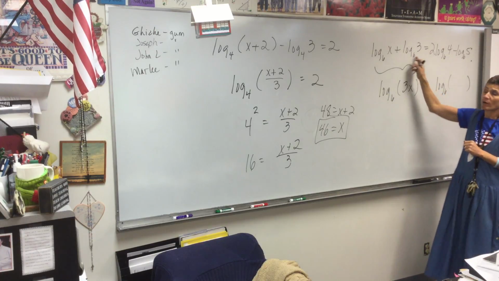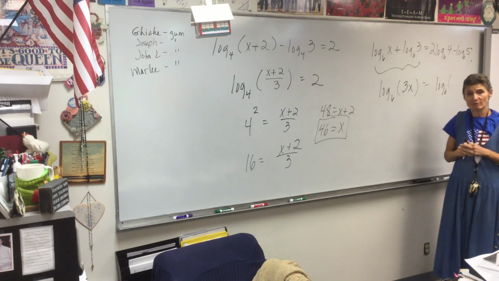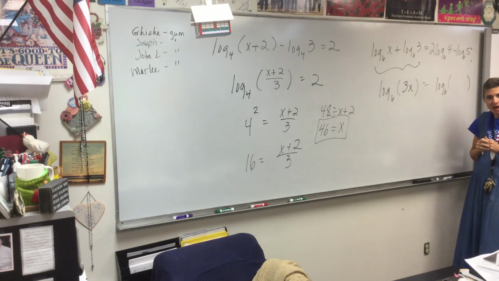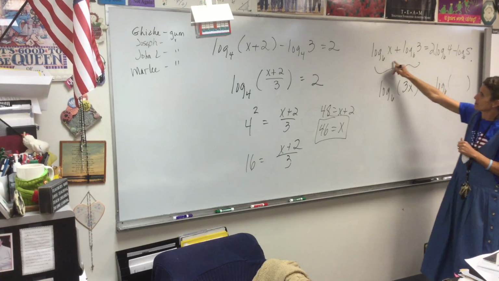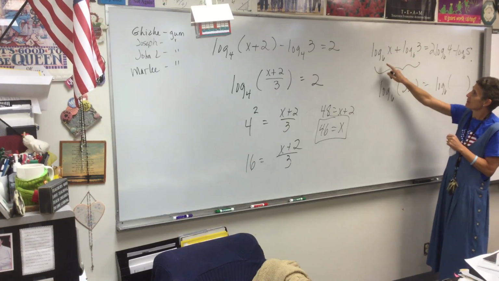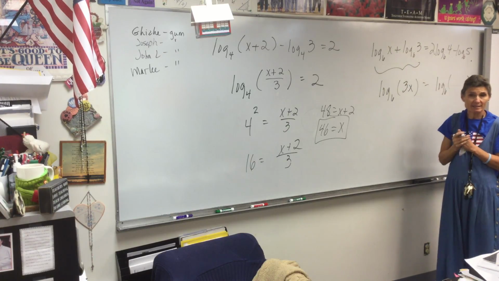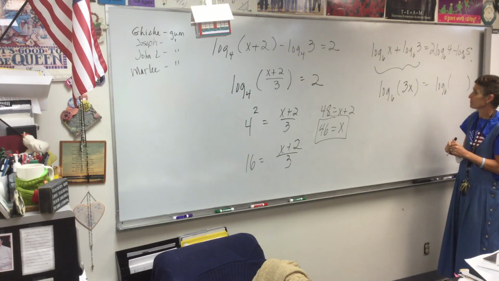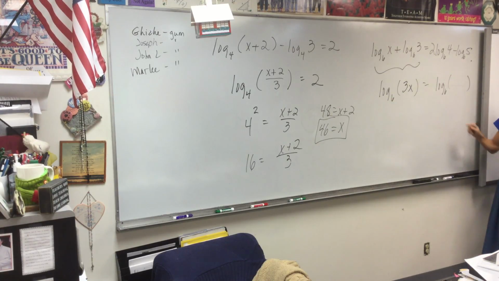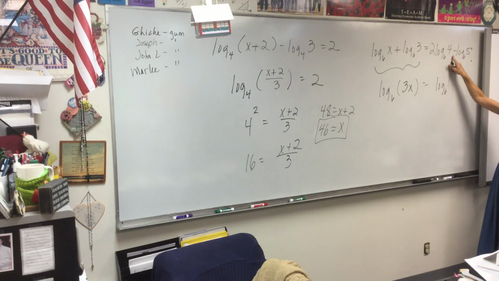So we're going to multiply the 3 and the x. So instead of having two separate logarithms added together, I have one logarithm of a product. I'm going to do the same thing over here, only these will go together as a division.